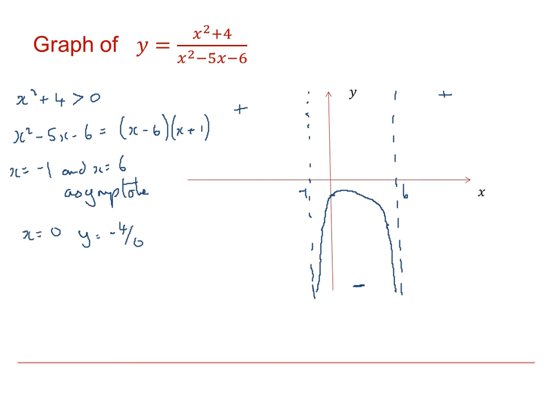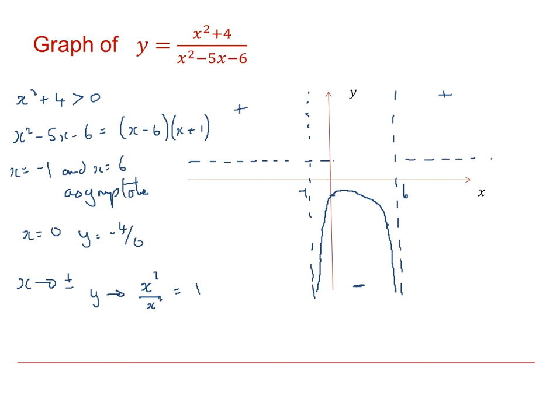What about when x approaches plus or minus infinity? Then again you can see that y is approaching x squared over x squared, which is equal to 1. So again we've got this approaching 1 for large values.